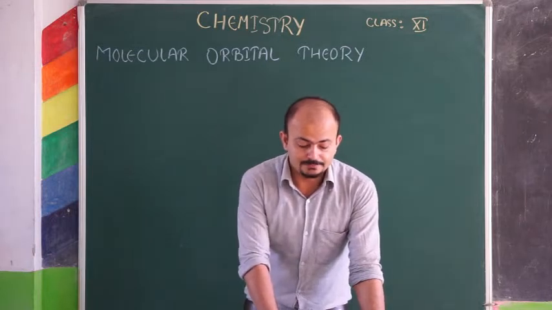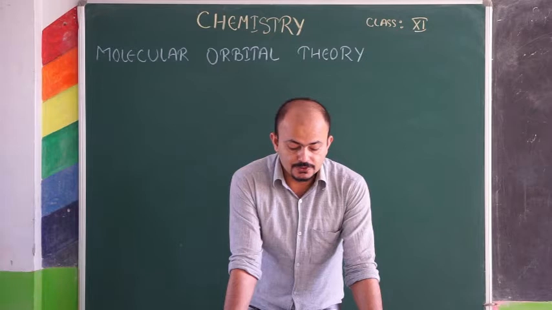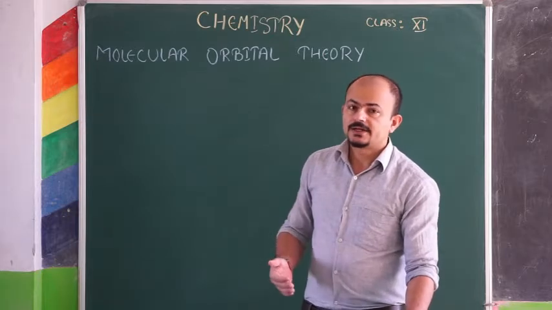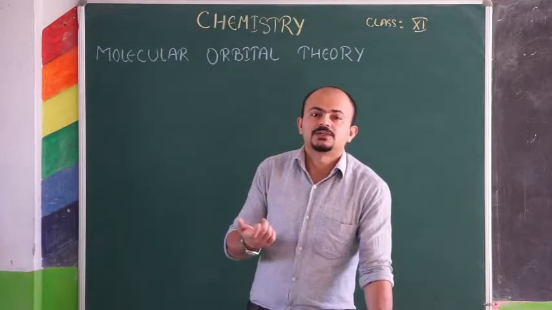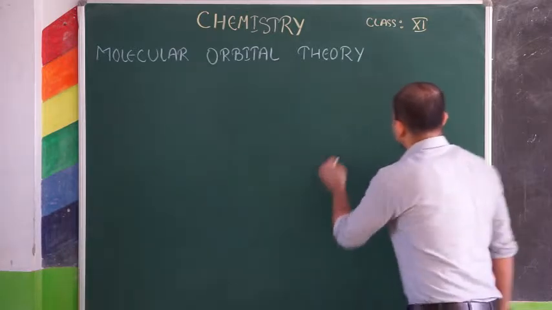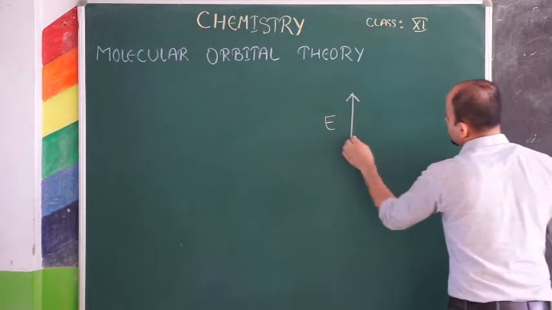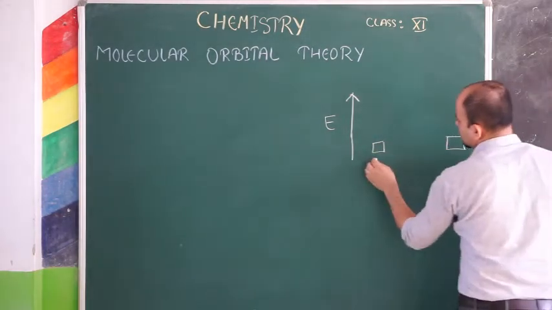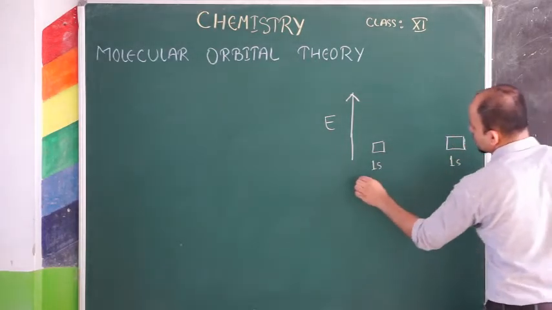The next point is that atomic orbitals, one from each atom, combine to produce 2 molecular orbitals. One of these will possess lower energy than the atomic orbital, and the other will possess more energy than the atomic orbital. Suppose on this side, as you go up, energy increases. Suppose you have 2 atomic orbitals, 1s orbitals.